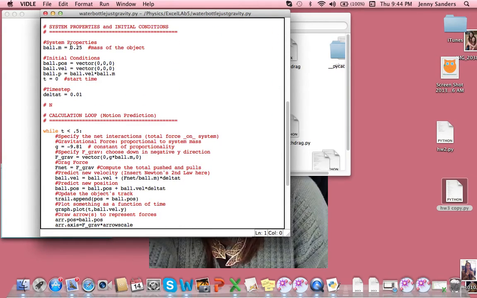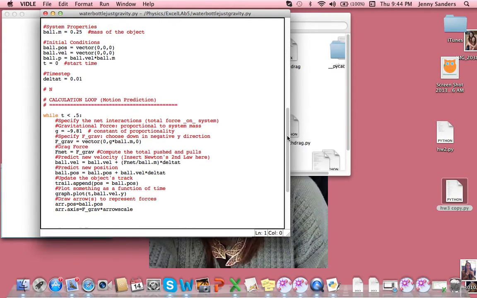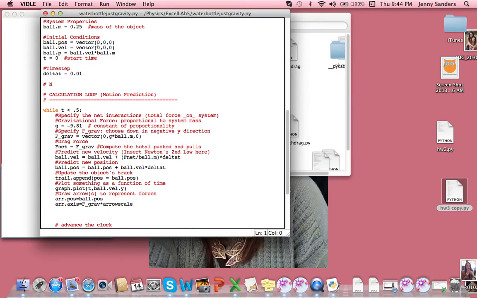The mass of the water bottle is 0.25 kilograms, and I set that for each of them. The other one is 0.085 kilograms. I set the initial position as 0 right here, and the initial velocity, because it's just dropped from my hand, as 0.